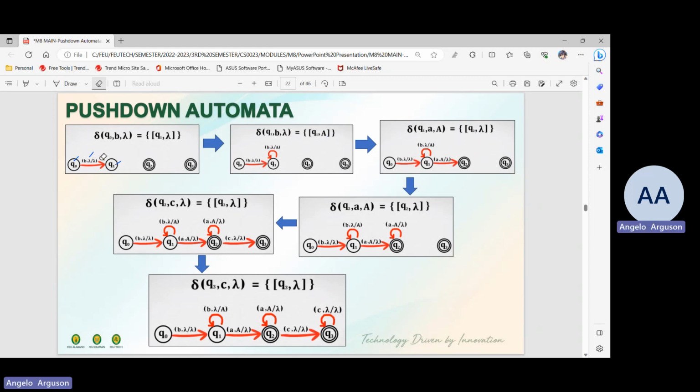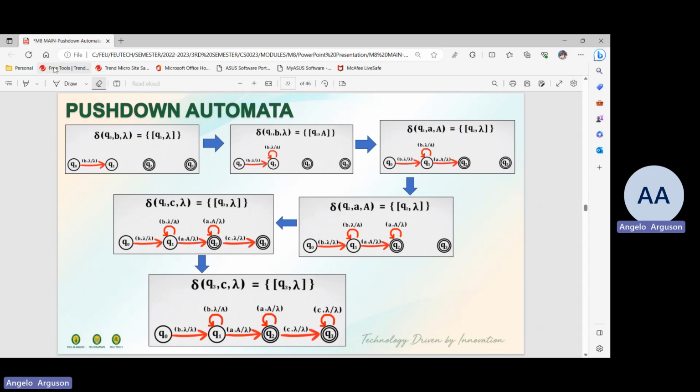Onto the fourth diagram. We are now here, Q2 to Q3. This is the Q2, this is the Q3. Remember that Q2 and Q3 are your final states. Next, we have the connection from Q2 to Q3.